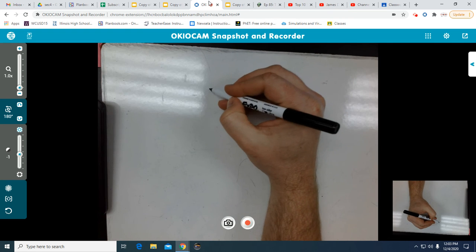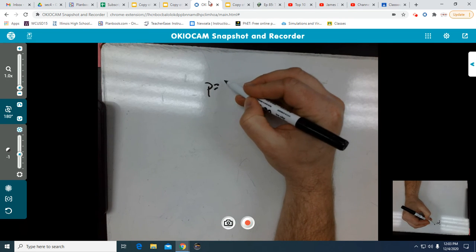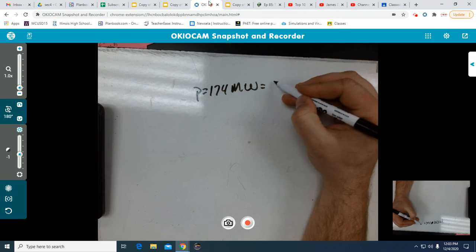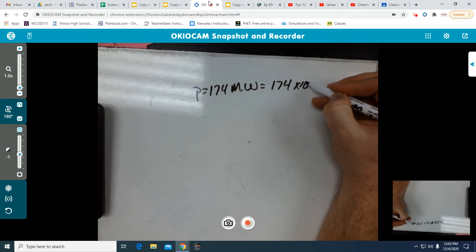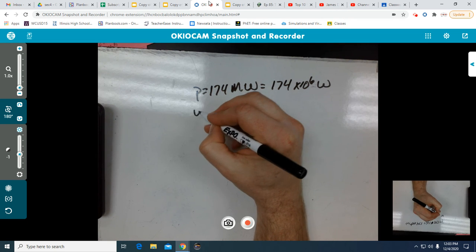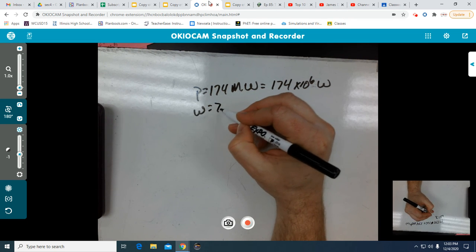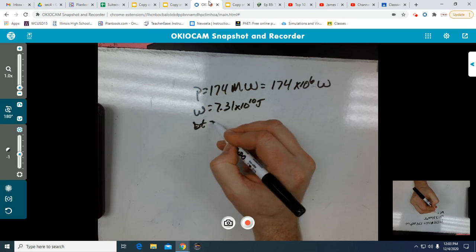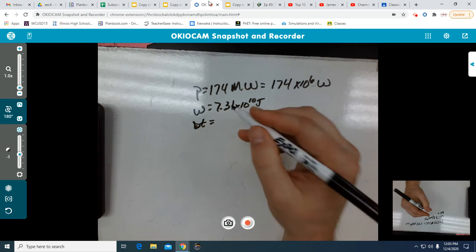We know that we have a total power of 174 megawatts, which is really 174 times 10 to the 6th watts. We know that the amount of work done is 7.31 times 10 to the 10th joules. We need to figure out how long it's going to take for this to happen.